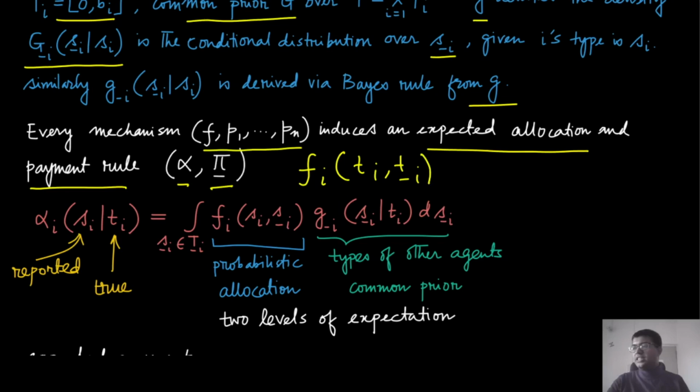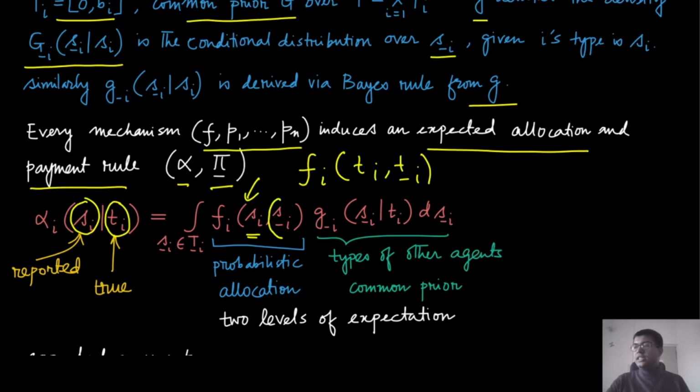What we are doing in this case is taking the expectation. You can imagine that ti is the true valuation of player i, while si is what has been reported. Therefore the allocation decision has to depend only on this lowercase si, which is what has been reported.